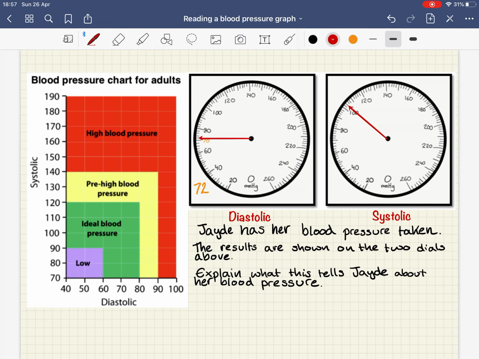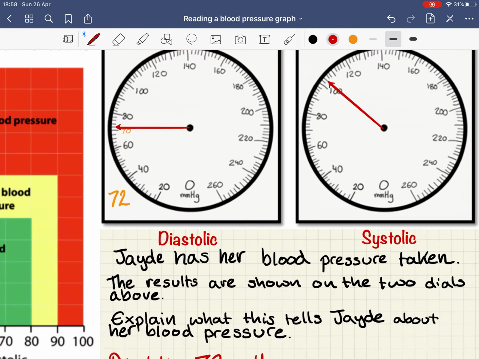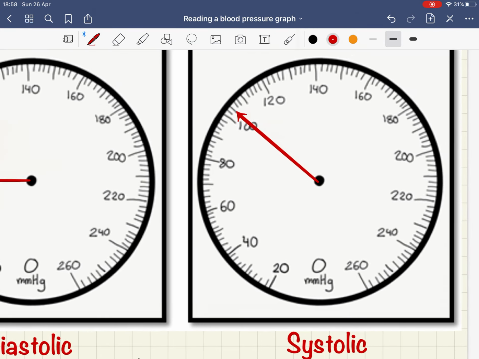Then writing down below, diastolic equals 72. And then same again with the systolic.